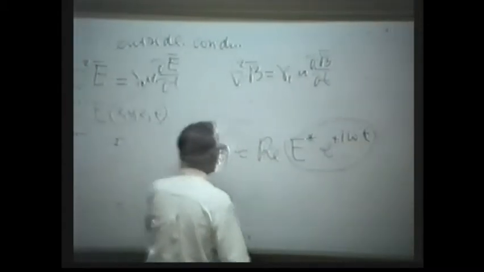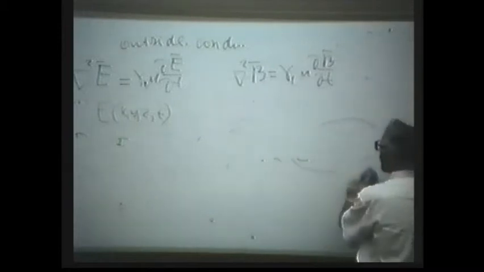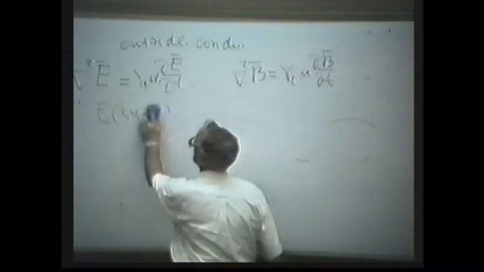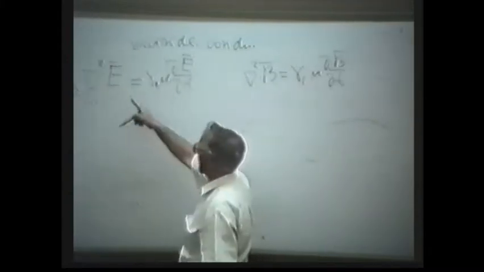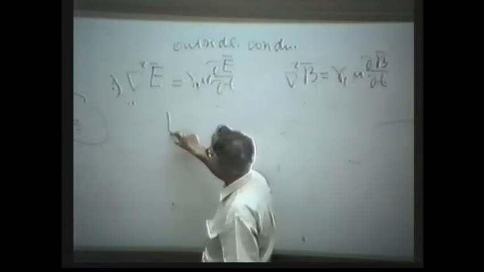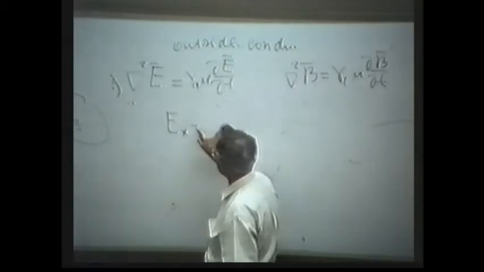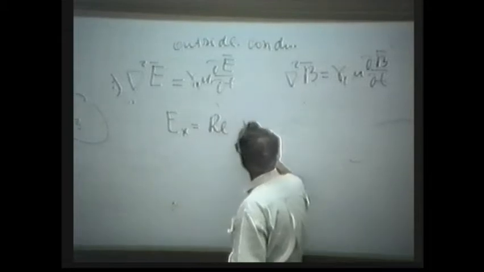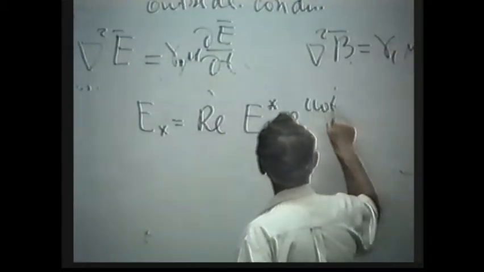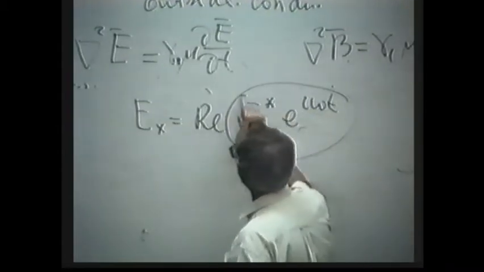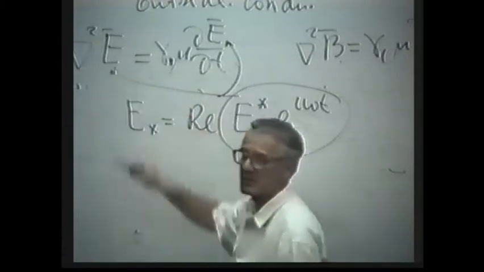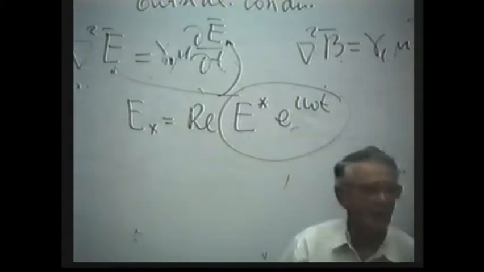So, step number 1. Remembering that any component Ex equals the real part of E star e to the i omega t, substitute this term in the left and right part and see what happens.